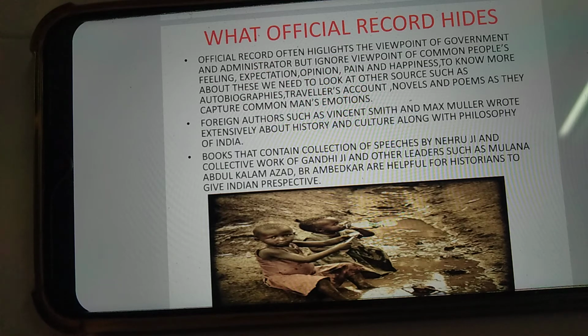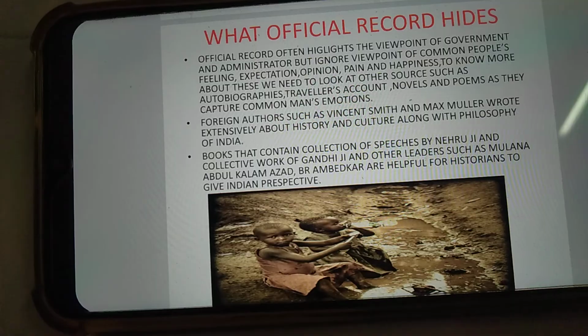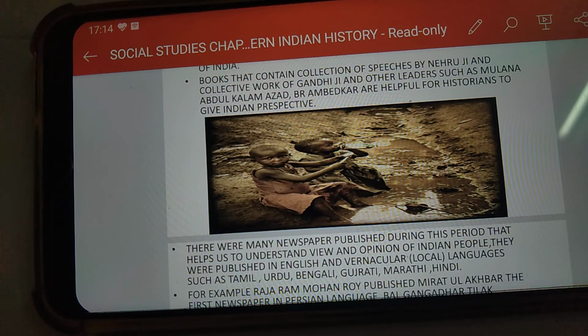Books that contain collections of speeches by Nehruji and collected works of Gandhiji and other leaders such as Maulana Abul Kalam Azad, B.R. Ambedkar are helpful for historians to give an Indian perspective. Picture of India at that time.